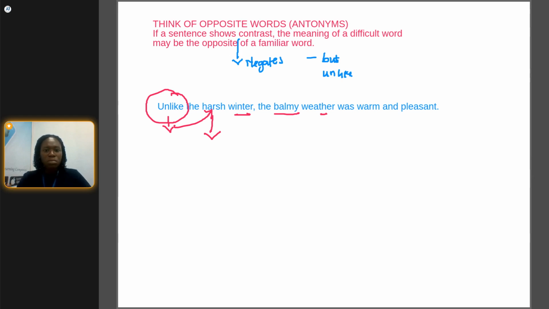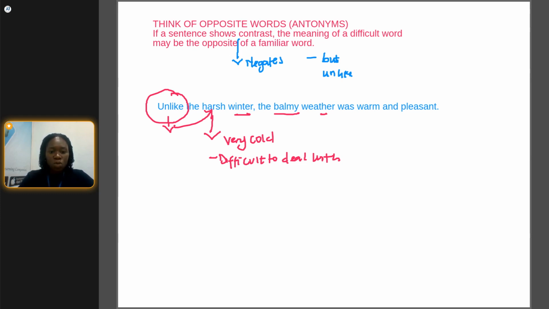So you're looking at the word harsh and you're wondering, what does harsh mean? Harsh could mean something very cold in relation to weather, or something difficult to deal with. Do you know that these words do not mean just one thing?